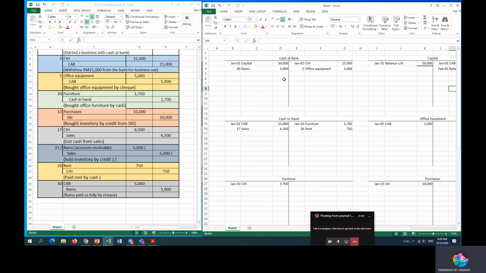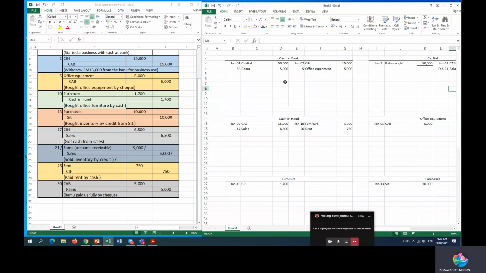Now, what we can do in the cash at bank account is look at which side of the account is bigger. We can see here the debit side is bigger than the credit side. So let's write down the total for the debit side here.